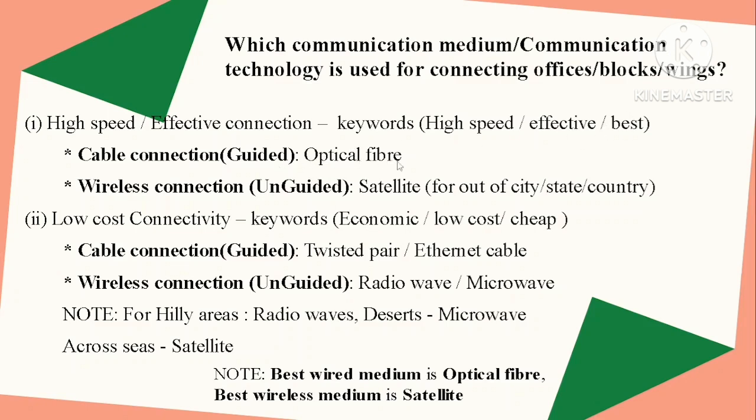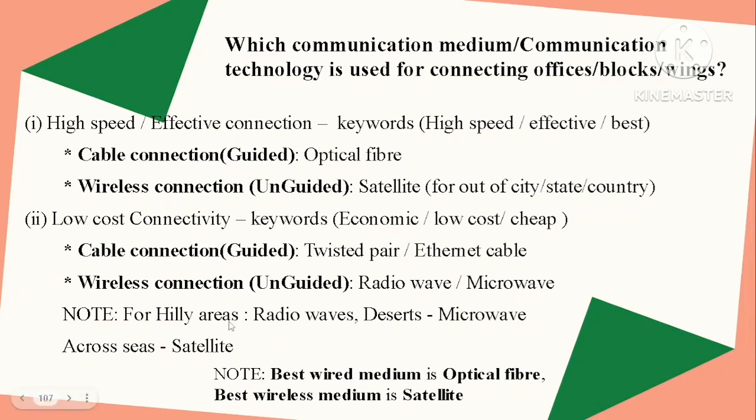Effective, best is optical fiber. High-speed wireless connection is satellite. Now, when they say the cost should be low, what kind of connectivity should be given? If it is guided, then go in for twisted pair. If it is unguided, then go in for radio wave or microwave, wireless connection.